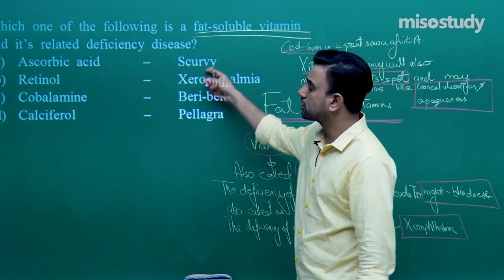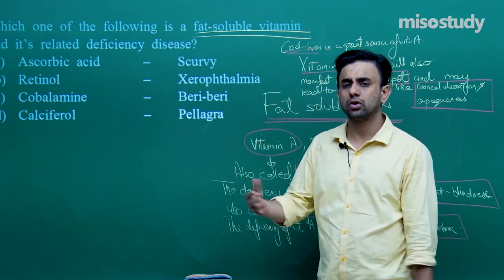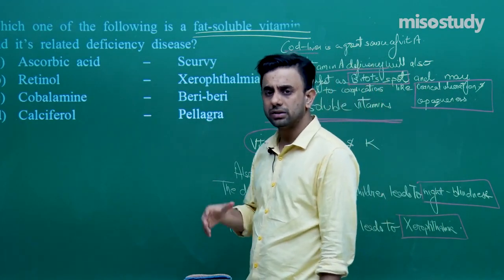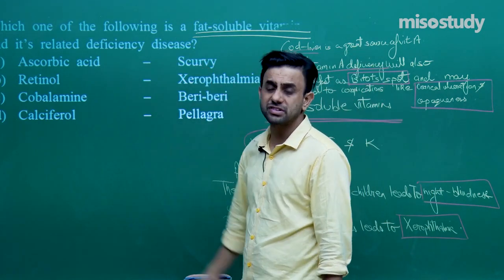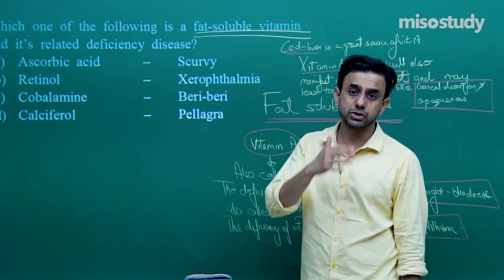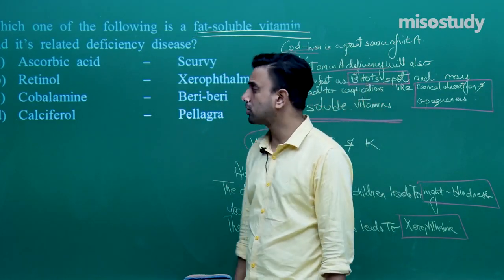Now scurvy, vitamin C deficiency, we know that there will be bleeding gums and swelling of the gums and all that, right. Vitamin C is a very important source for collagen formation, and hence its deficiency will lead to collagen disorders.